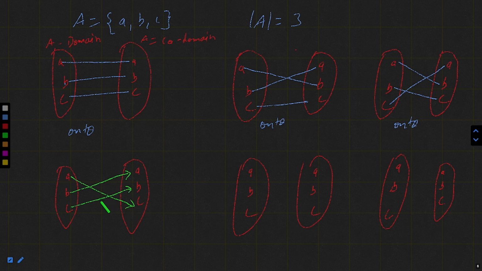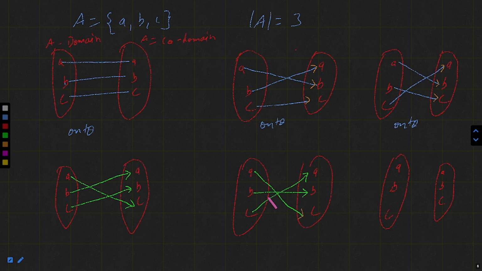Now c is associated to a, a is associated to c and b is associated to b. As you can see, we are not repeating any function. Keep that in mind.